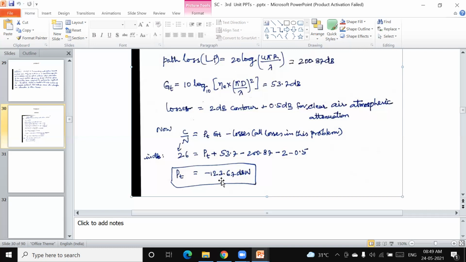And the system design example where C/N is the problem. In the first problem, we discussed calculating the C/N ratio for a given satellite link design or link budget. You can go through the other related things.